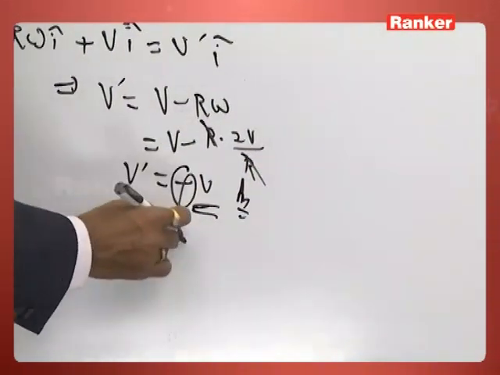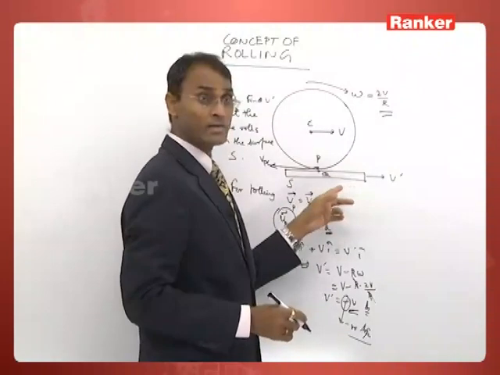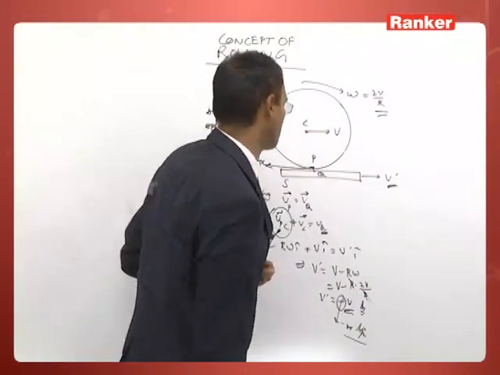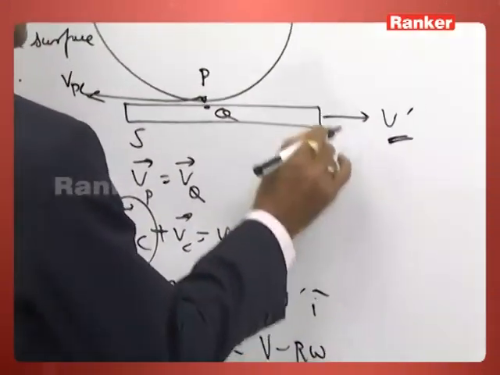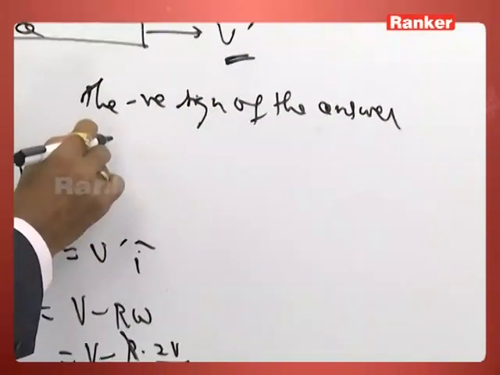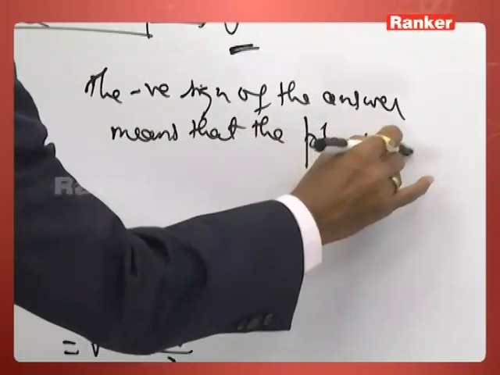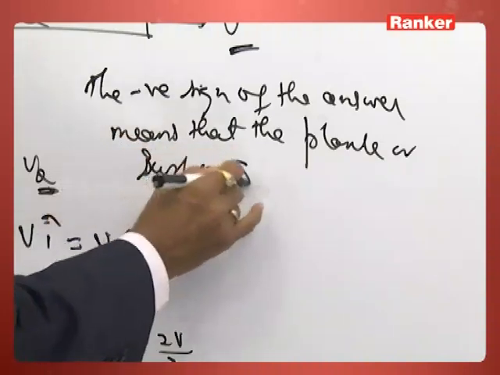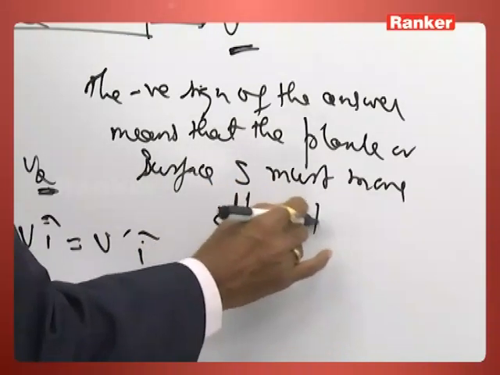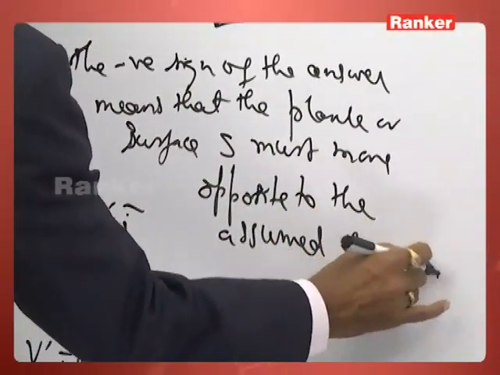Let us analyze the negative sign. The negative sign of the answer means that the plank or the surface S must move opposite to the assumed direction.